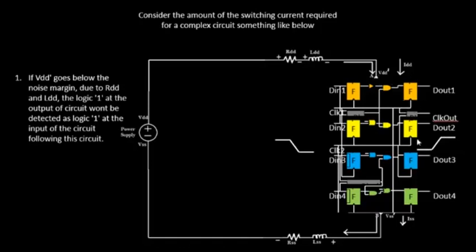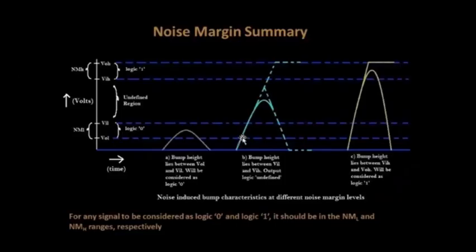Now, for this transition to be detected as logic 1, the 0.7 volts that we see over here should be within the noise margin range. The noise margin diagram looks something like this. Any voltage which lies between VOL and VIL is called logic 0.